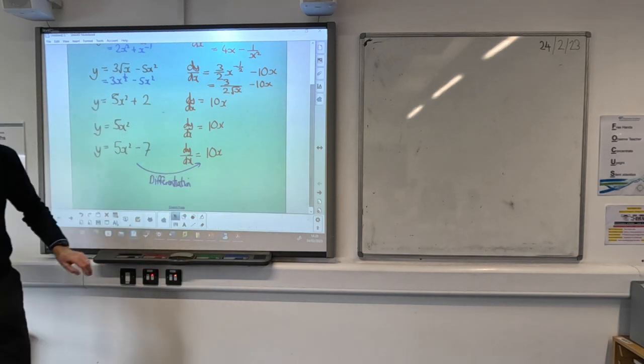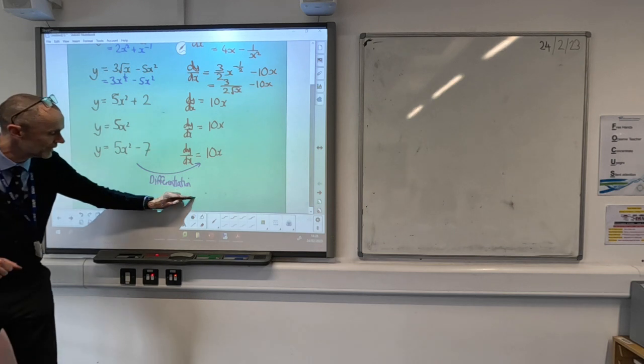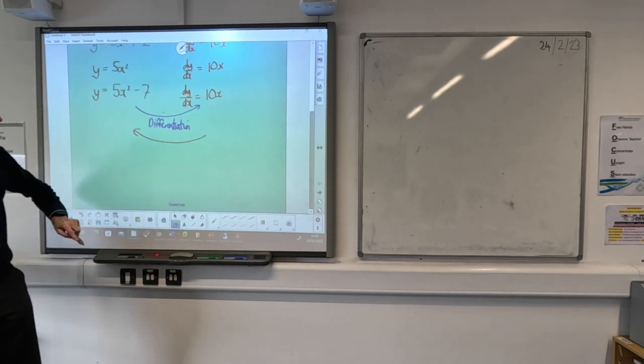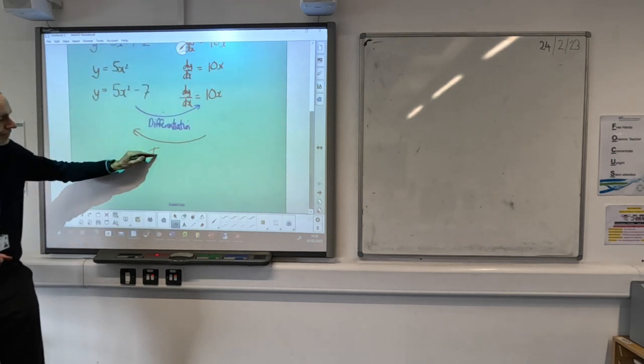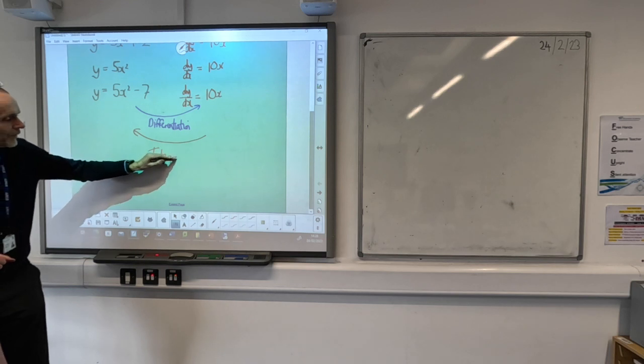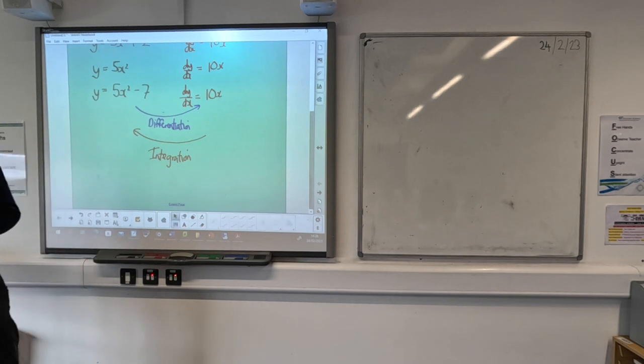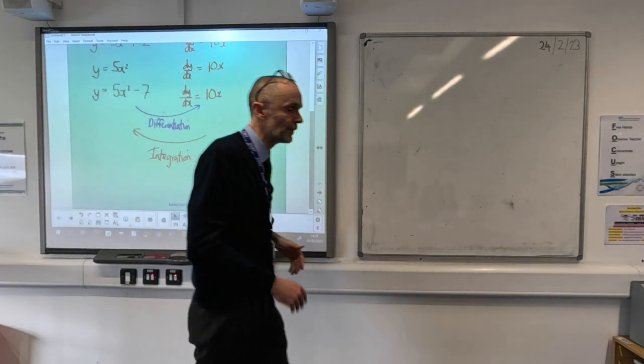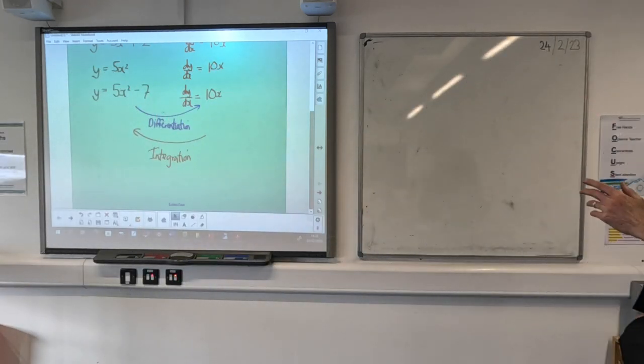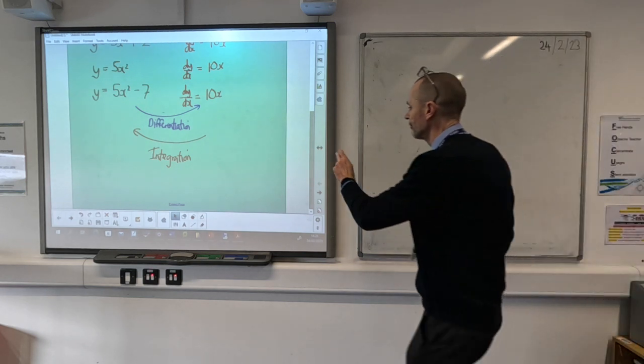But what I'm interested in is the reverse process, and the reverse process we call integration. And so what we're going to be doing for the next few lessons is meeting and using the reverse process of differentiation, which is called integration.